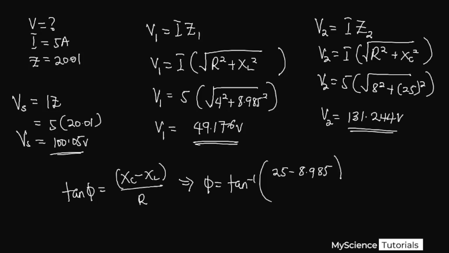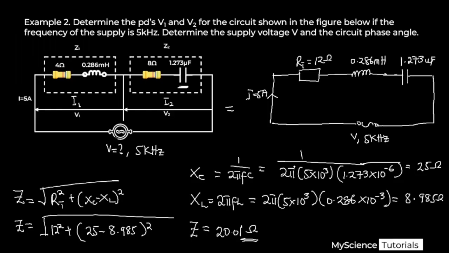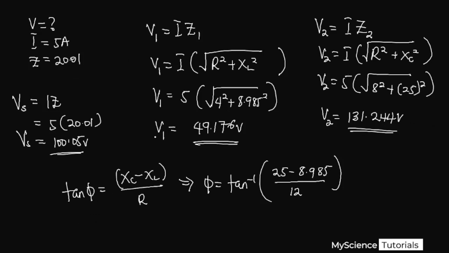8.985, all divided by 12, which is the total resistance we have in the circuit over here. So our theta is equal to the tan inverse of the ratio we have over here, which is 1.3346.